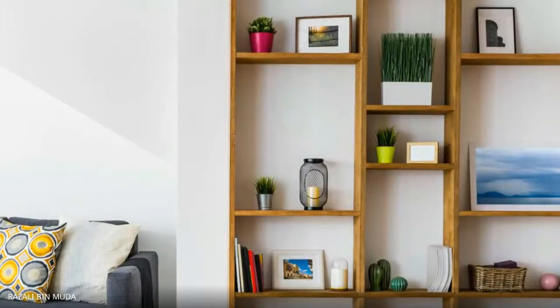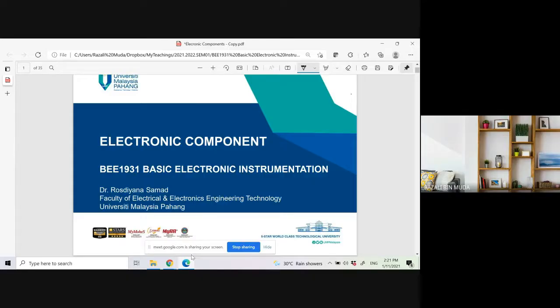Today is the first chapter, electronic components. The lecturer is Razali Muda, the previous semester lecturer.